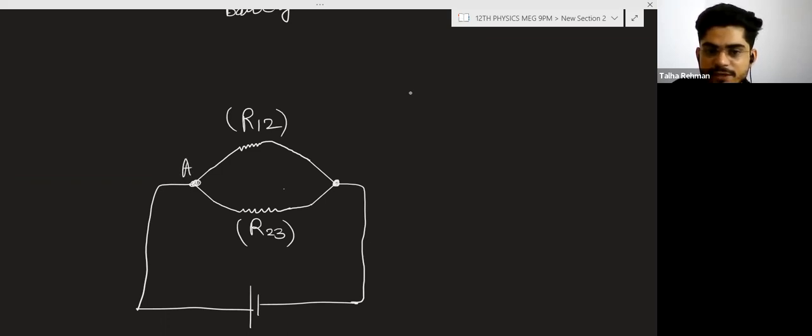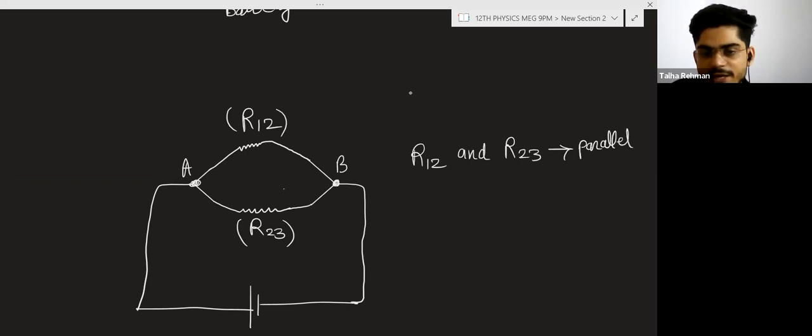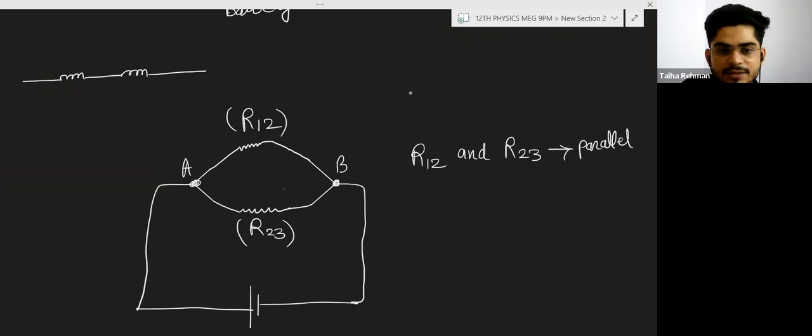Suppose this end is A, this end is B. So R12 and R34 are connected end to end, so you can write that they are connected in parallel. And a series combination is like this: if this is R12 and this is R34 connected one after the other, then you can identify it as series. Can you identify this combination, Hamza? These two resistances are connected in series and parallel.